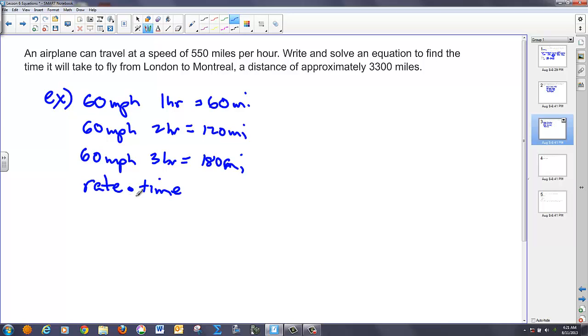If I multiply those two together, it ends up giving me the distance traveled. So this is commonly known: the rate times the time is equal to the distance.